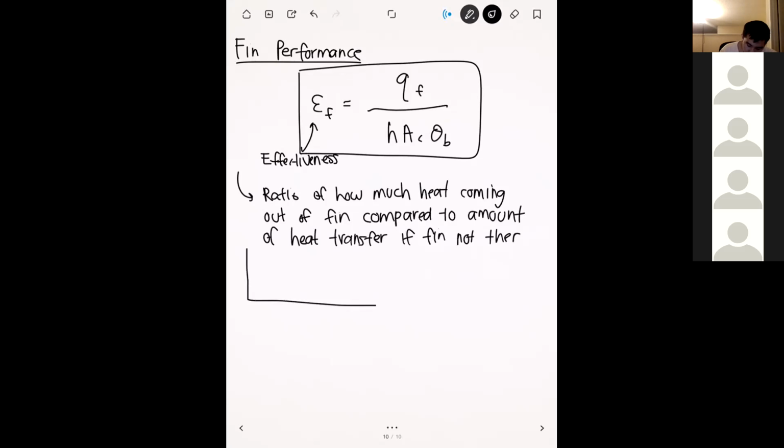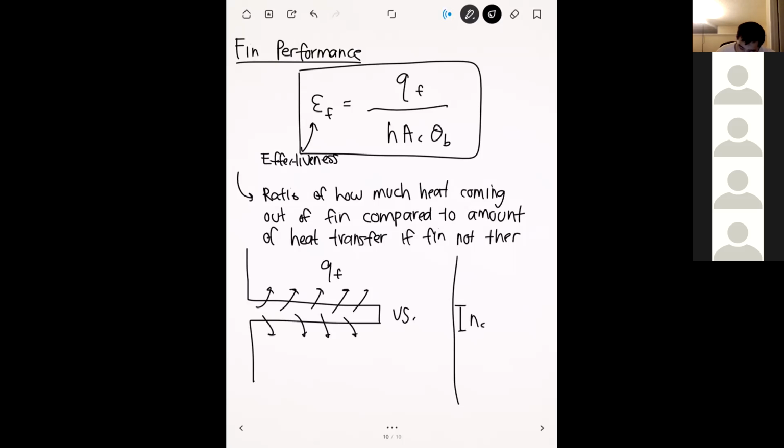In one situation, you have a fin, and from this fin you have Q_f, the total amount of heat transfer from the fin, which we just learned how to compute. Versus, say we didn't have the fin and just had a flat surface. If we take this same cross-sectional area, A_c, then without the fin the heat transfer is Q equals h times A_c times theta_b.